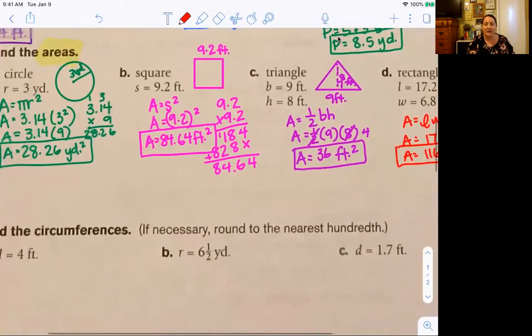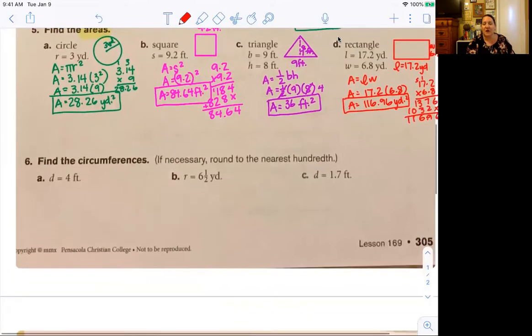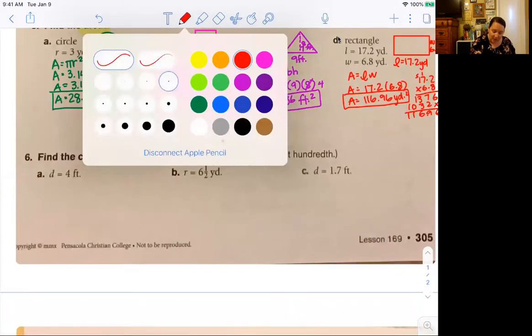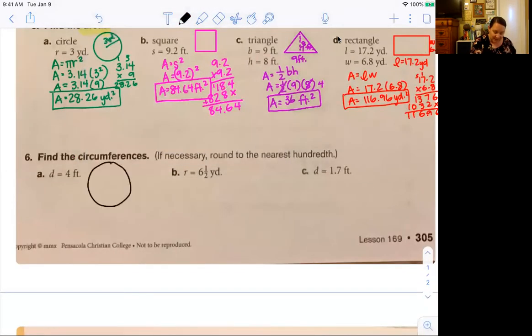Let's move on. It says find the circumferences. Circumference is what kind of shape? It's a circle. So we know that we're going to be dealing with some circles here. This circle has a diameter of 4 feet. This circle has a radius of 6.5 yards.